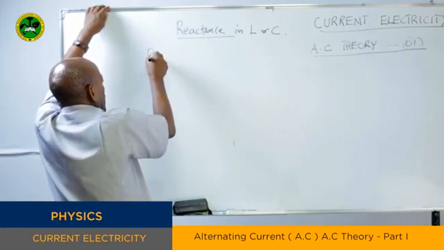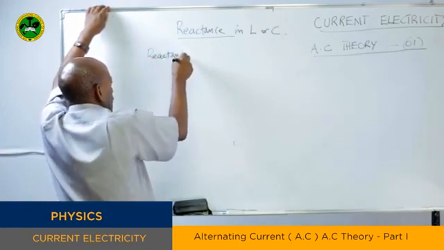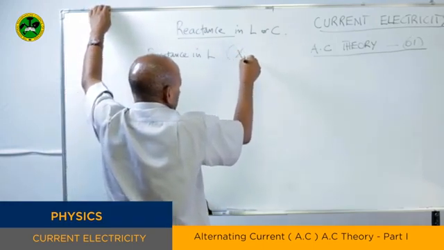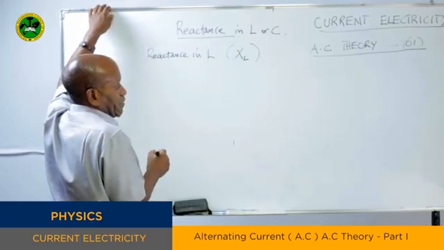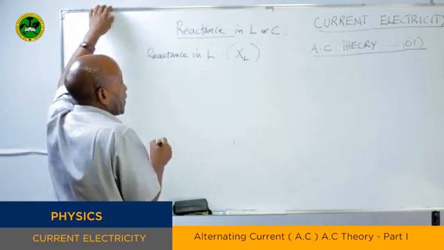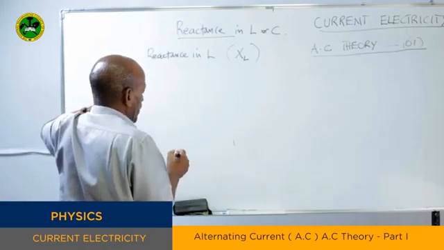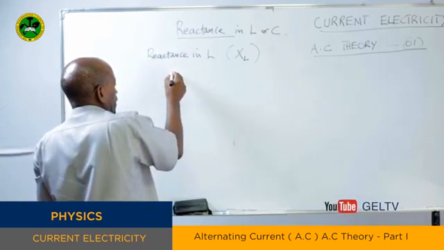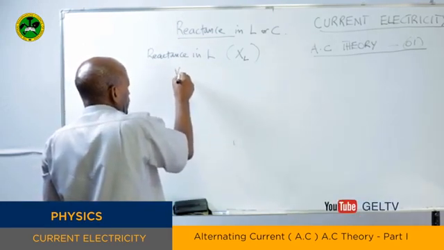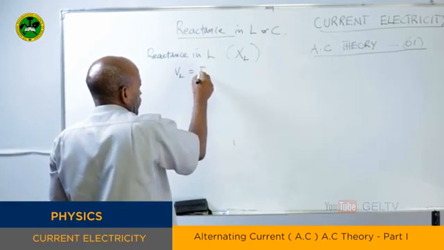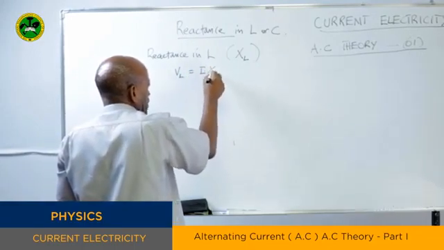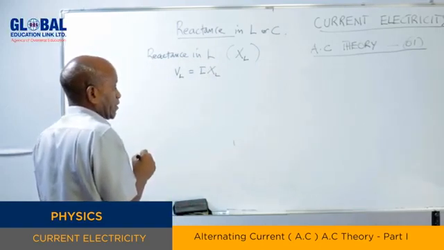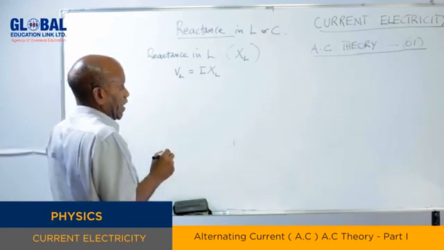Reactance in an inductor, we are calling this X sub L. You'll find that the voltage through an inductor will be equal to the current I times the inductive reactance.